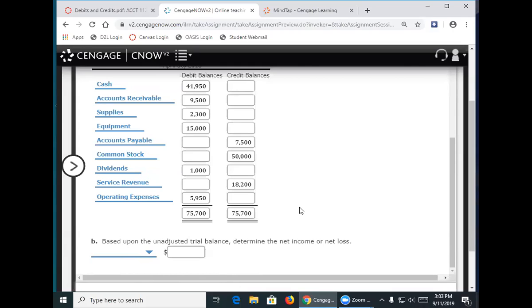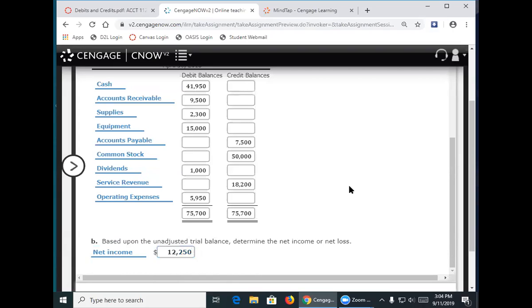So in this case, we have revenue of $18,200. We only have one expense, $59.50. So I would take $18,200 minus $59.50. That's what you do on your income statement, right? Okay. So since our revenue is greater than our expenses, we have a net income. And what was that? $12,250.